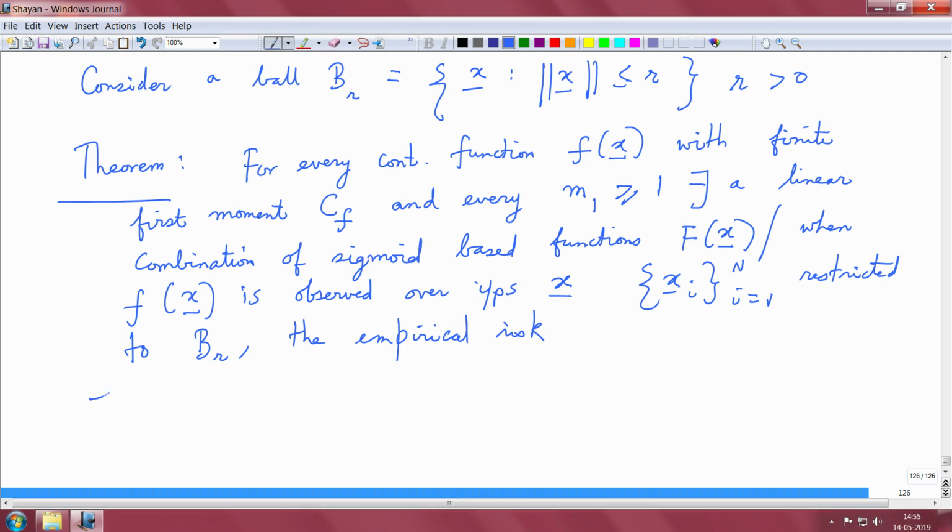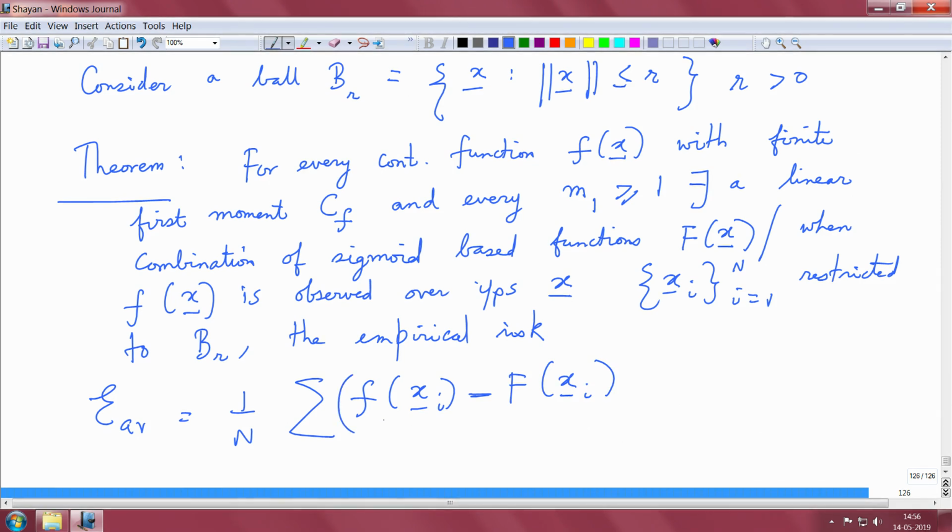The empirical risk is given by this equation. This is a squared error between the function evaluating on the data point and then the approximating function acting on this point.